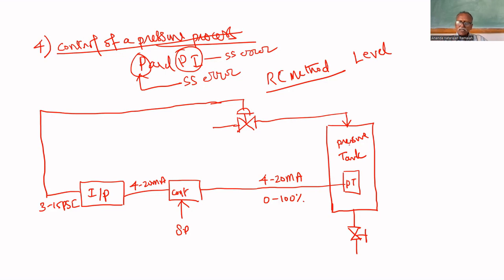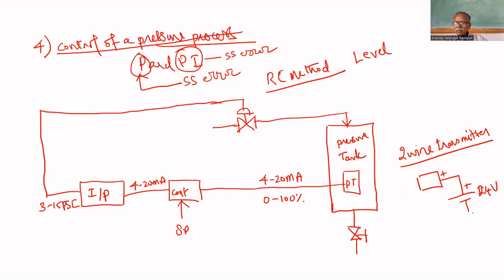Here, this pressure transmitter is a two-wire transmitter. That's why this transmitter, the 24-volt power supply and the load are all connected in series.